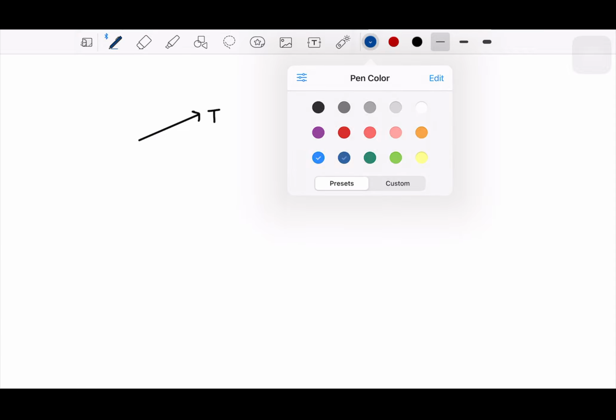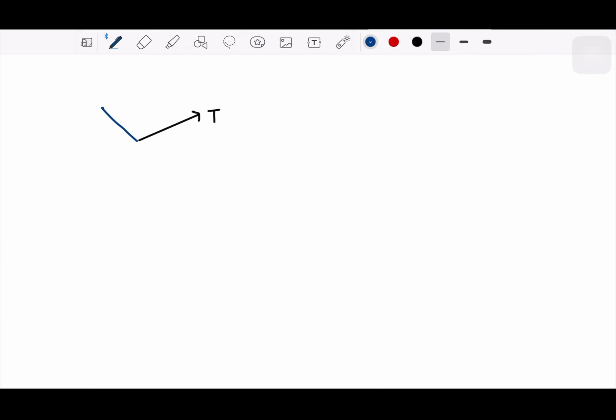Okay, so if you have T, and you have, for example, another one, the normal vector N, and you have the other one, the perpendicular to T and N, which is the binormal.